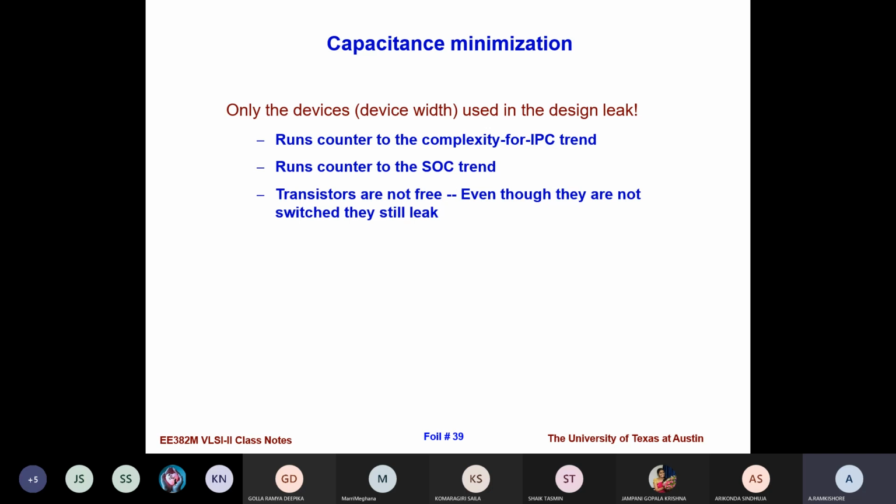That leakage runs counter to the complexity, and runs counter to the system on chip trend. It is not perfect for system on chip technology, and the transistors are not free: even though they are not switched, they still leak.